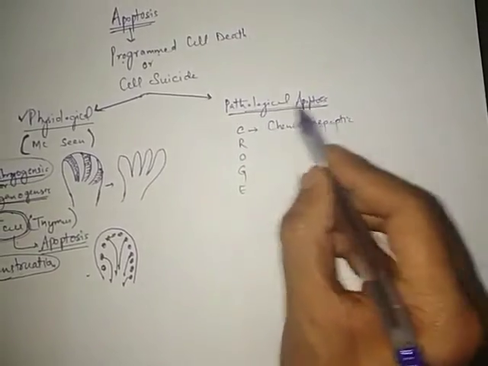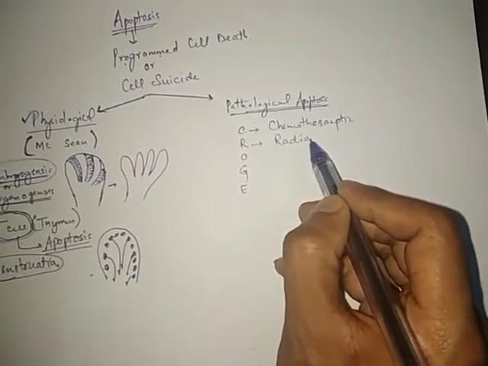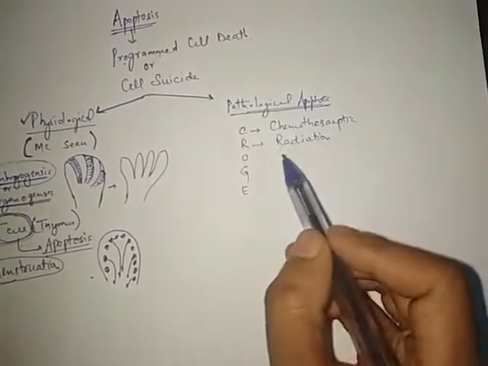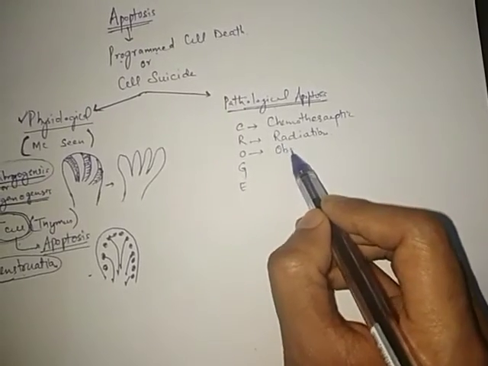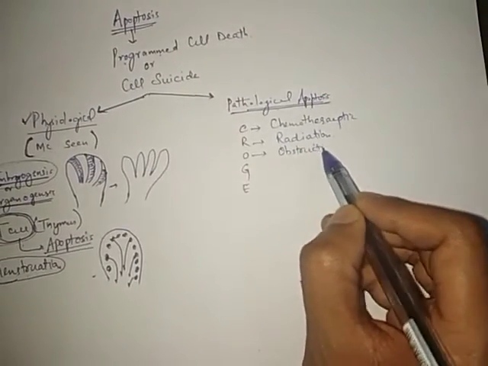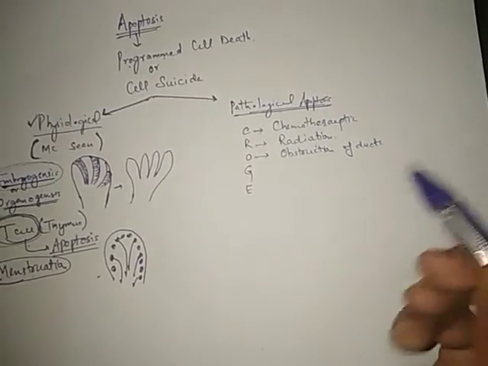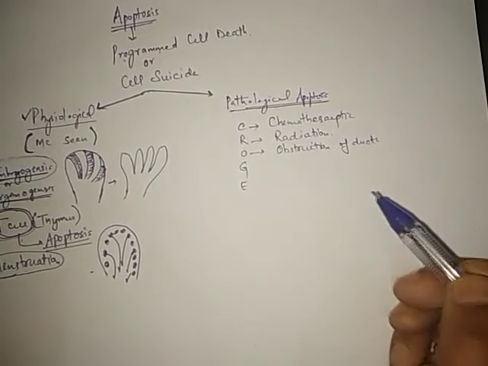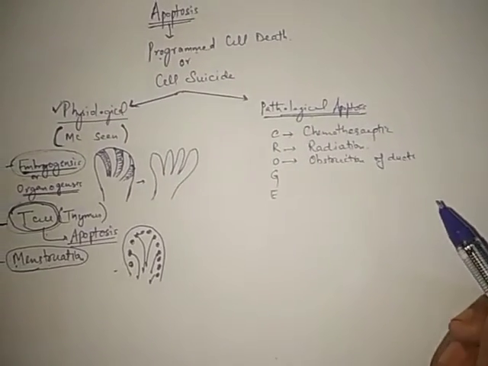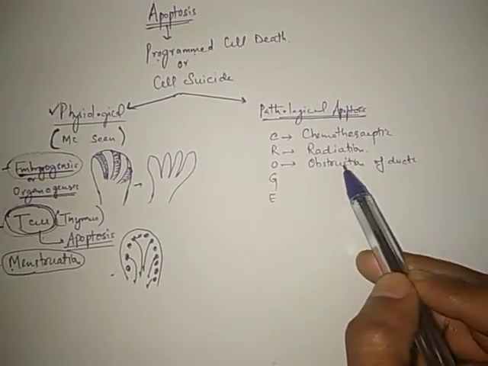With radiotherapy or radiation exposure, pathological apoptosis can occur. Also, when there is obstruction of the ducts, for example when the duct of the pancreas gets obstructed, the pancreatic parenchyma undergoes atrophy or apoptosis.